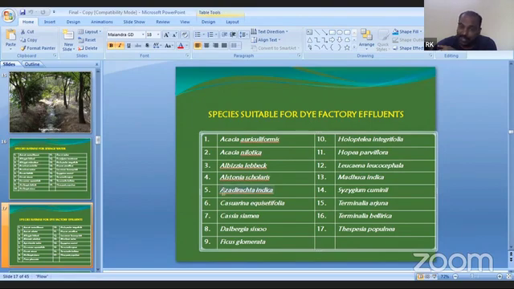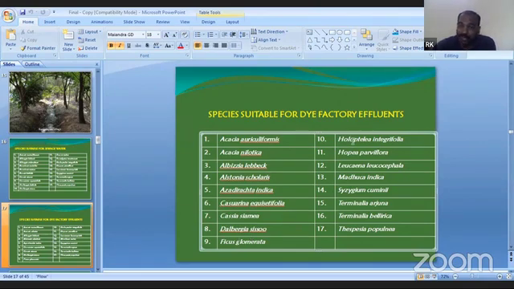Then Azadirachta indica, it is the normal neem. Our neem tree's botanical name is Azadirachta indica. Casuarina equisetifolia, then Cassia siamea, Dalbergia sissoo, Ficus glomerata. Actually, a few ficus species will go in the factory effluent. Ficus means fig.